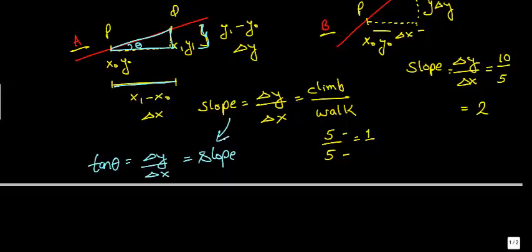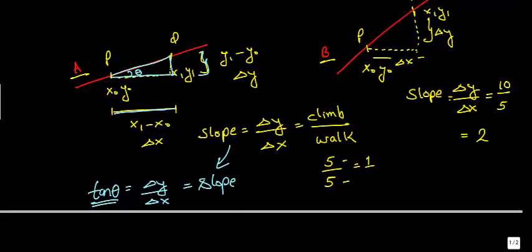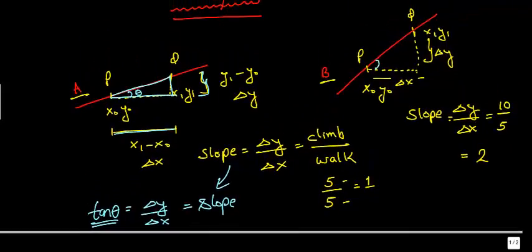This full thing can also be represented as tan theta. Here in this example, if line B made angle theta with the x-axis, your slope would have been called tan theta, right? So you would just find this angle theta with the x-axis and then find the tan of that, and that would be the slope.